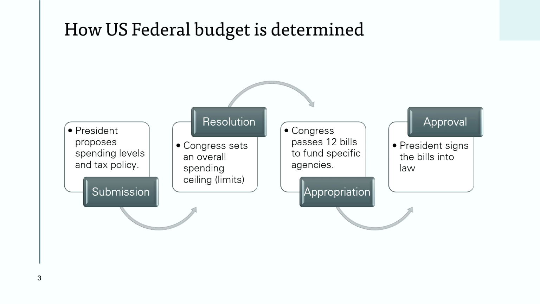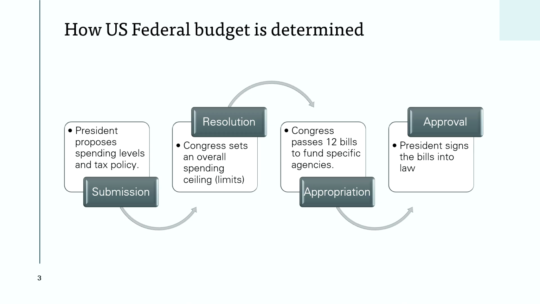To set a federal budget in the United States, there are four processes to carry out: submission, resolution, appropriation, and approval. It begins with the president proposing a budget, which outlines spending priorities and tax proposals. And then Congress reviews the proposal, debates it, and makes revisions through the appropriations process.